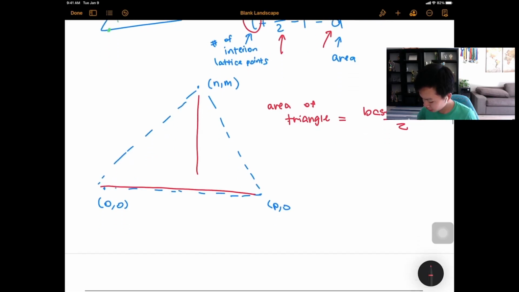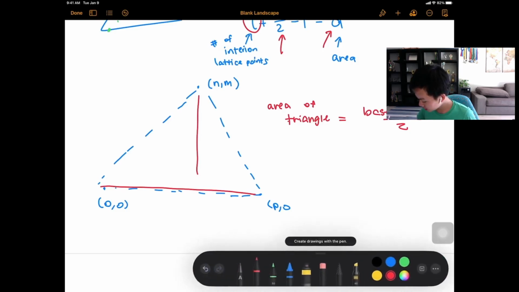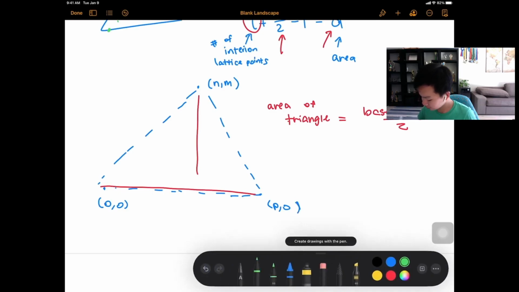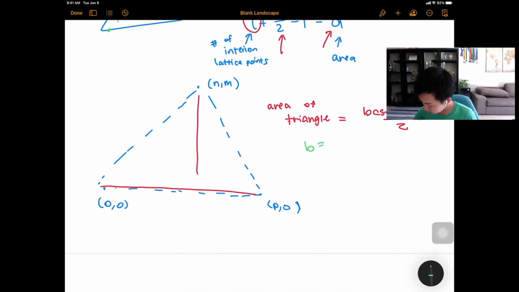Our base will be the length P, because it's a segment from (0, 0) to (p, 0).